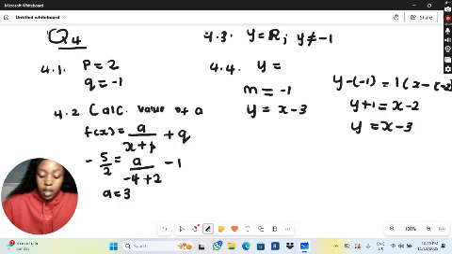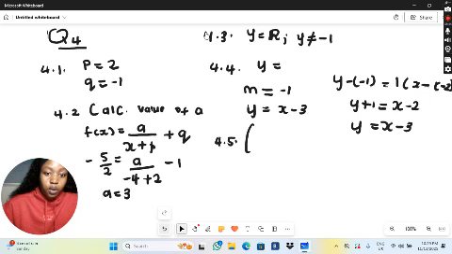So our 4.5, which is the last question, for our 4.5, we have write down the equations of the asymptotes of f of x plus 4. Okay, let me write it correctly. The equation is f of x plus 4, 1 over 2.